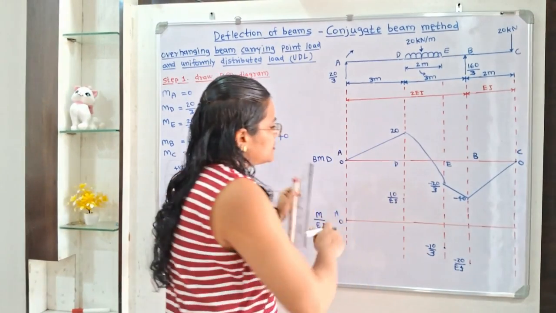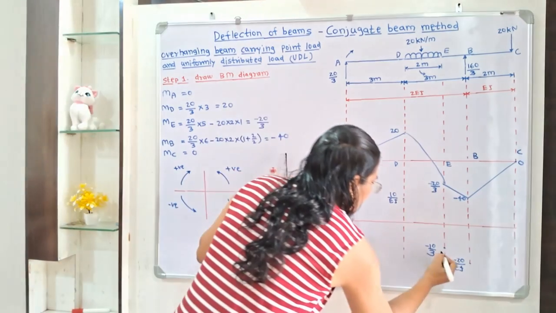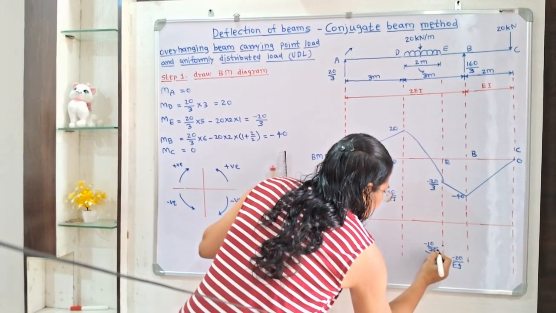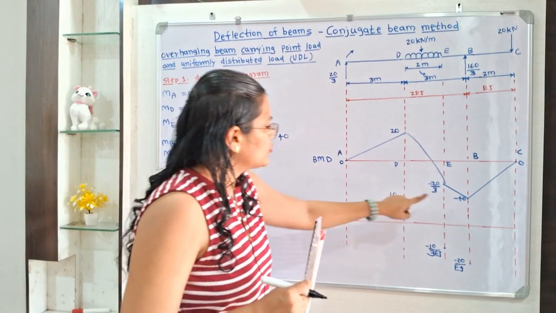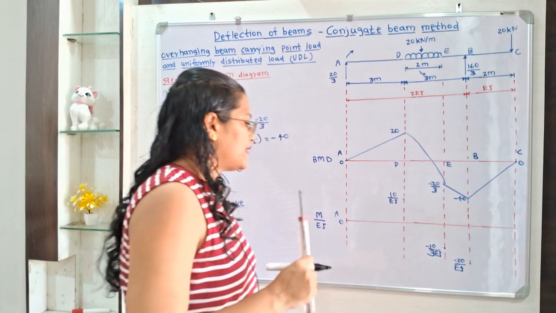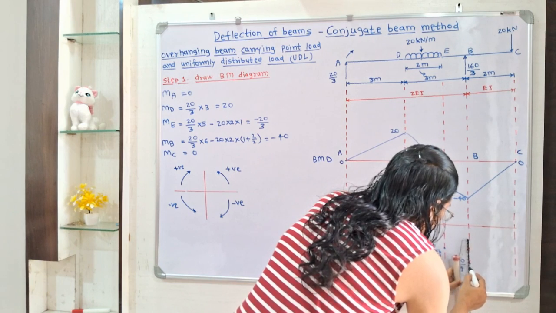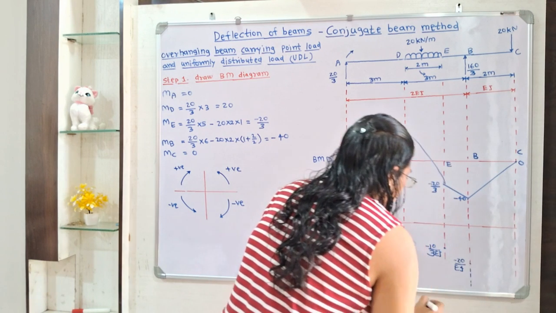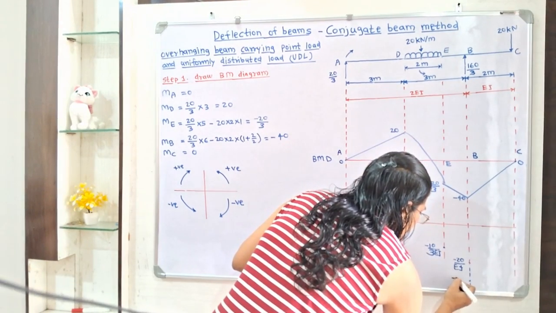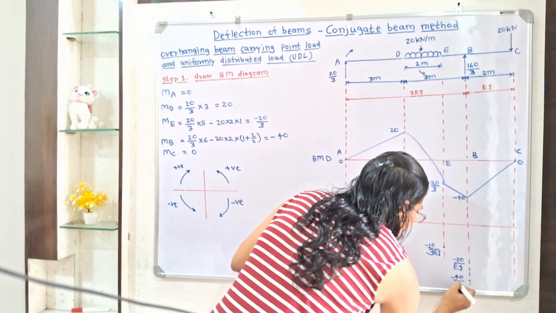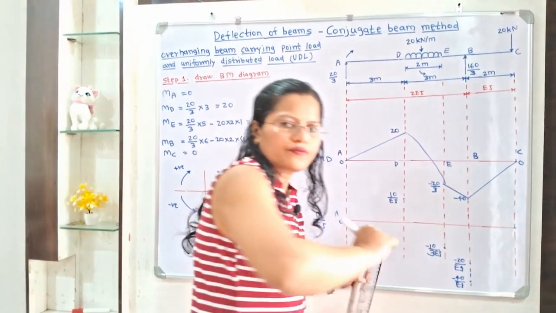So here minus 10 by 3 EI. So we have to take EI as a denominator. Then this is part of EI also, so it is minus 40 by EI also. So here is minus 40 by EI. And then next one is 0.